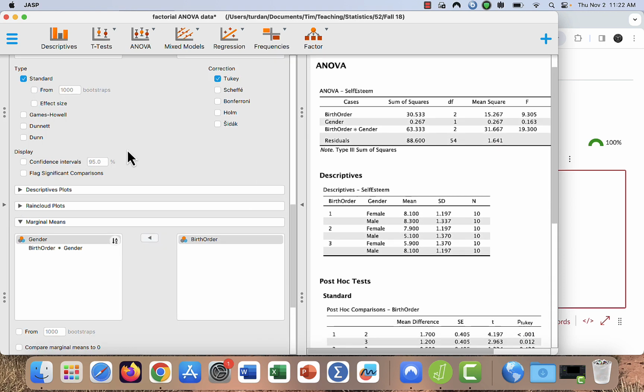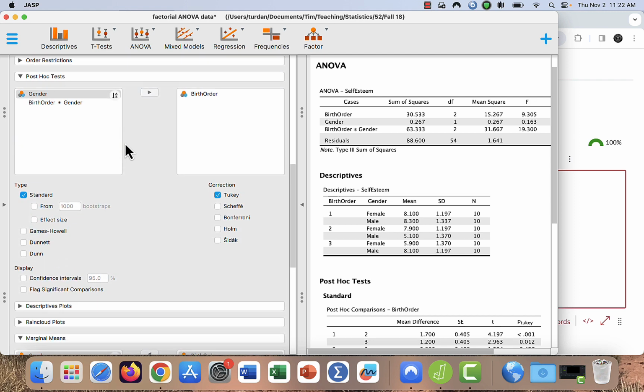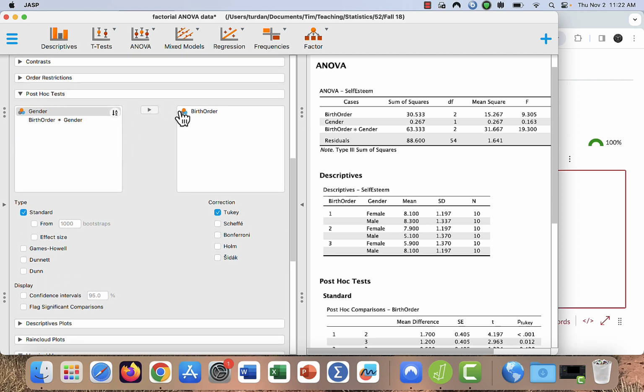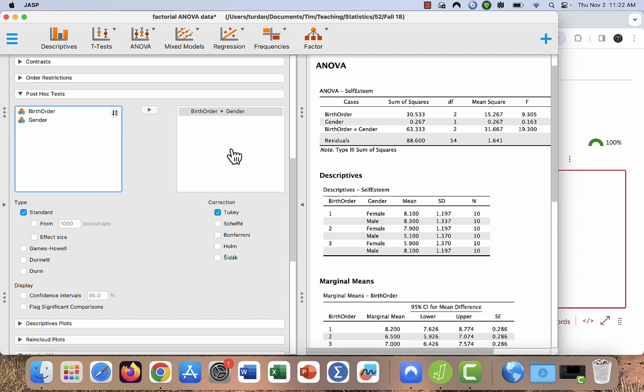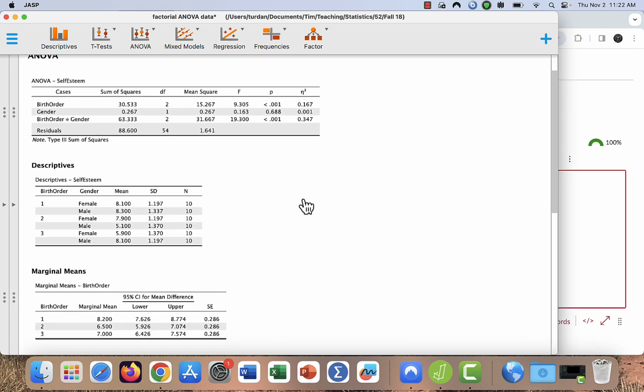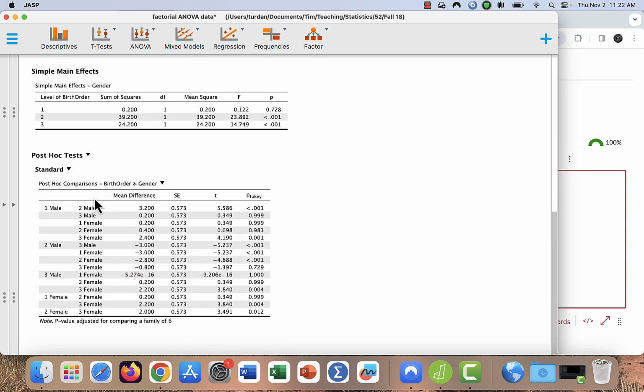Factorial ANOVA in JASP. If you really want to get deep into the individual group differences, you can do a post hoc on the interaction, which is kind of interesting. If you do a post hoc test on the interaction, this is what you get. You get each cell compared to each other cell, and you can find which specific groups differ from each other.